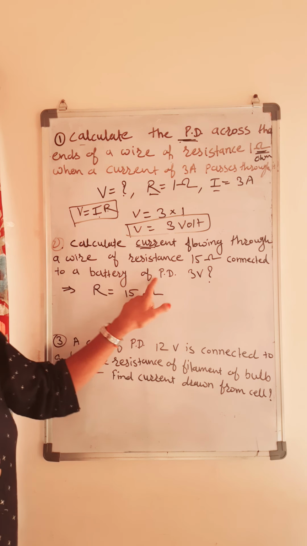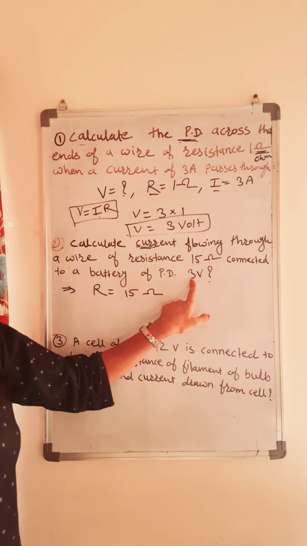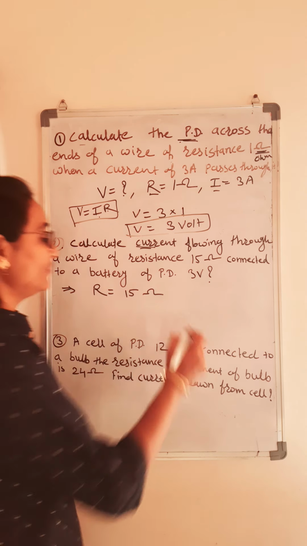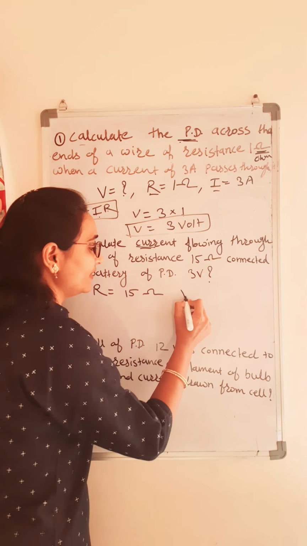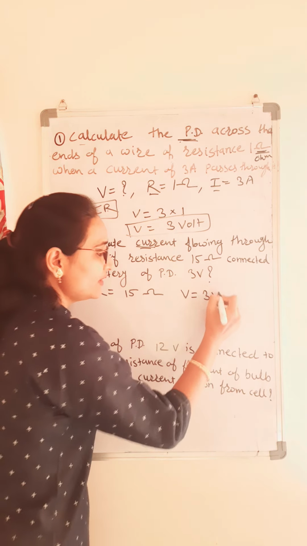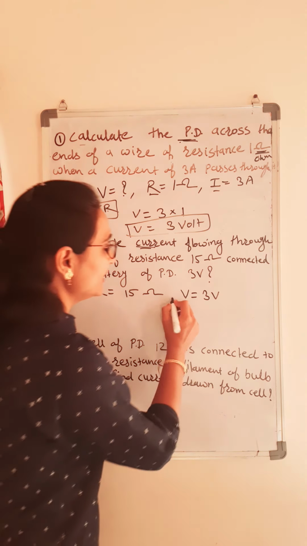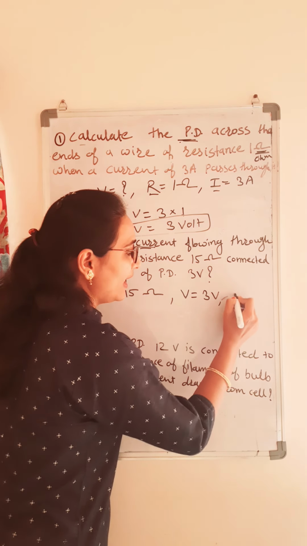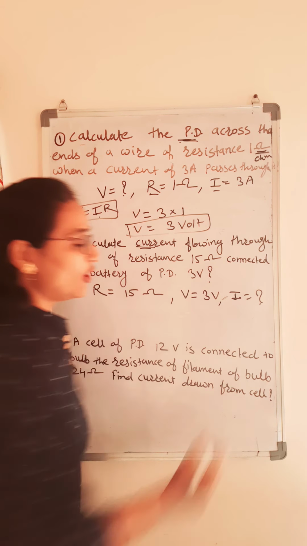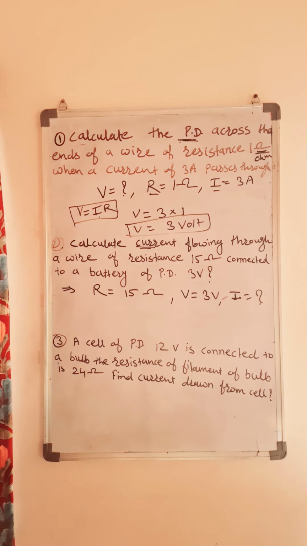Potential difference, voltage, is 3 volt. What we have to calculate is I, how much current is flowing through that wire.